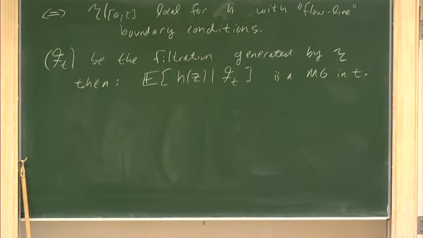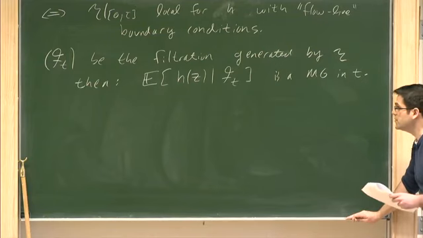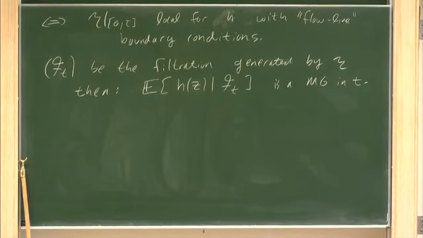Okay. So you know that for any fixed z, if you calculate the conditional expectation of your Gaussian free field at time t, then this is going to be a martingale.